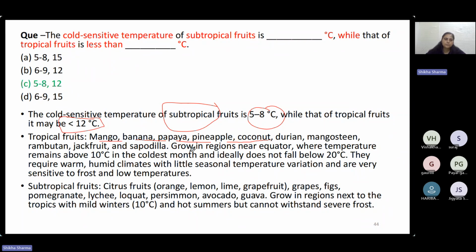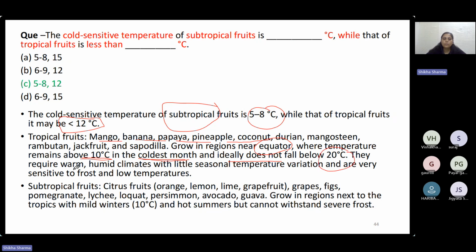All these are tropical fruits. Basically, they grow near the equator and cannot tolerate much lower temperature. The temperature should always be greater than 10 degrees Celsius, even in the coldest month. Even in winters, it should not go below 10 degrees Celsius, and ideally the temperature should be maintained at 20 degrees Celsius.